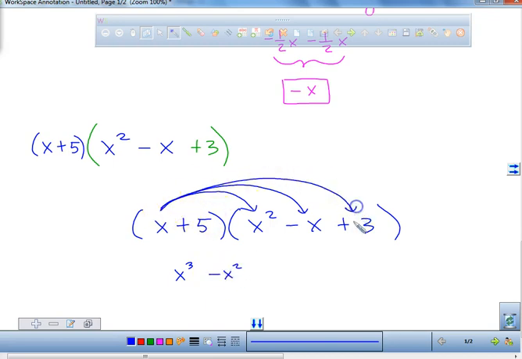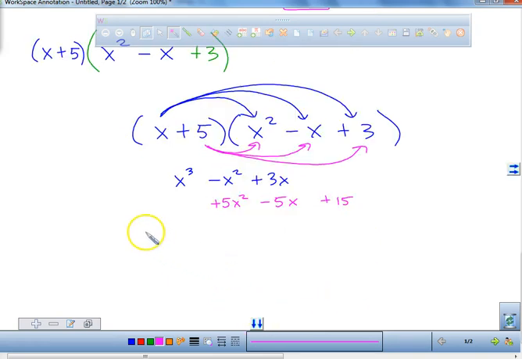What's x times 3? 3x. 5 times x squared? 5x squared. 5 times a negative x? Negative 5x. 5 times 3? 15. Whatever you get here is your final answer for what f of x is equal to.